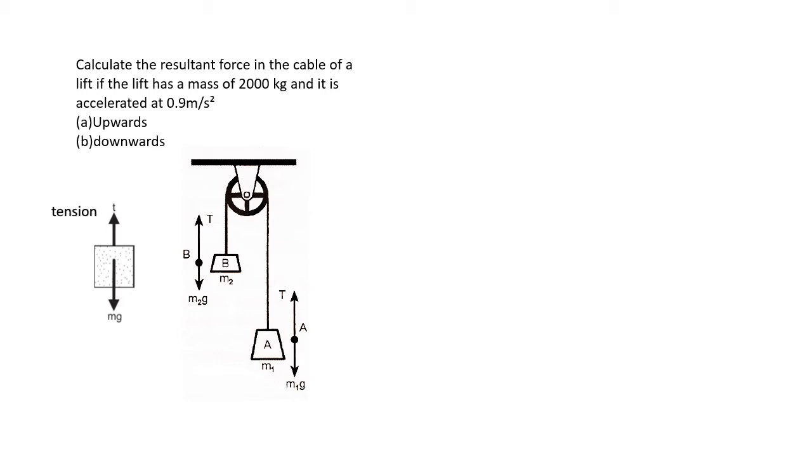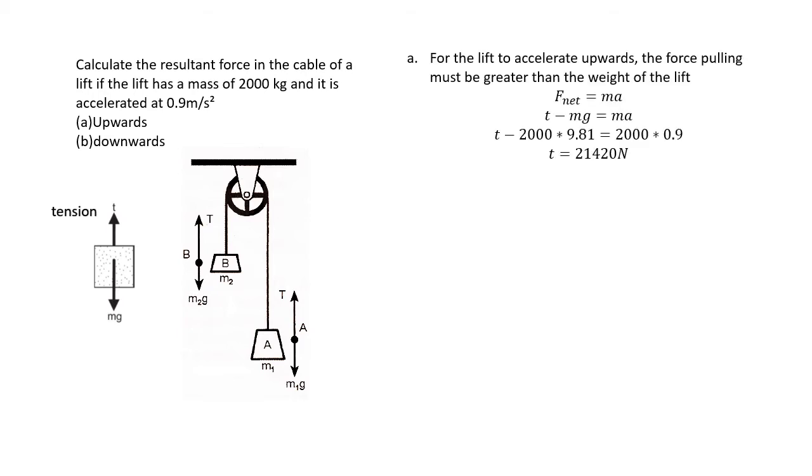So we need to figure out what's the force needed to pull A up or let it down at a certain accelerated speed. So for the lift to accelerate upward, the force pulling must be greater than the weight of the lift.